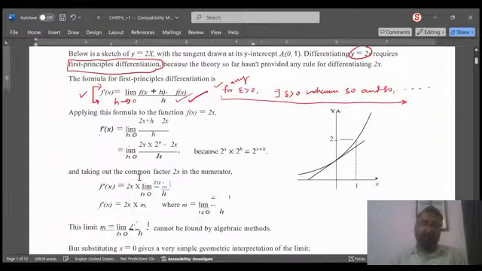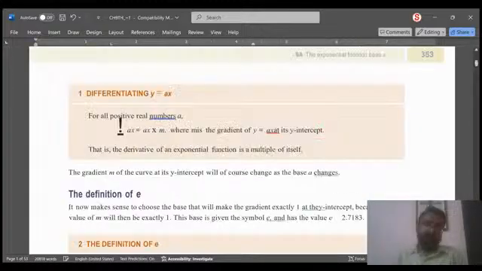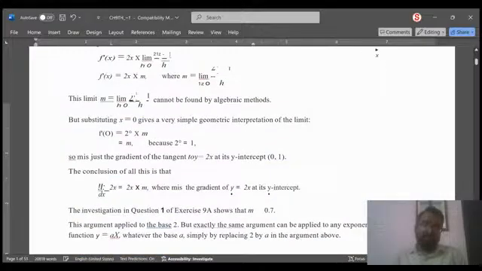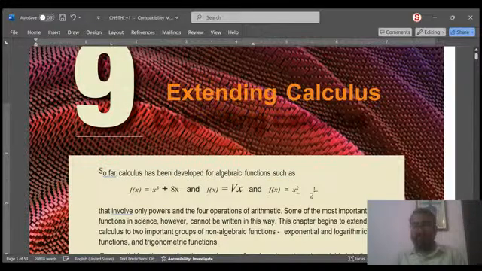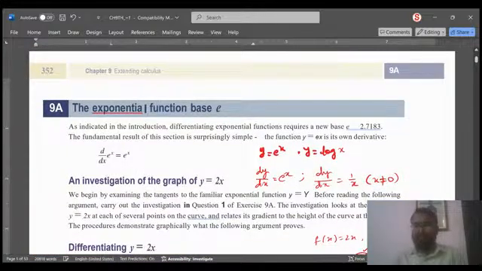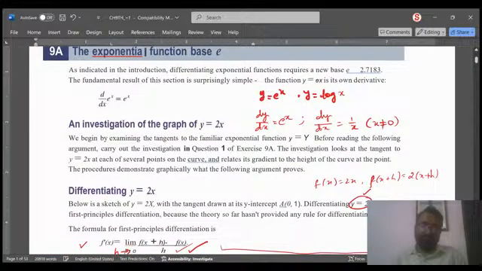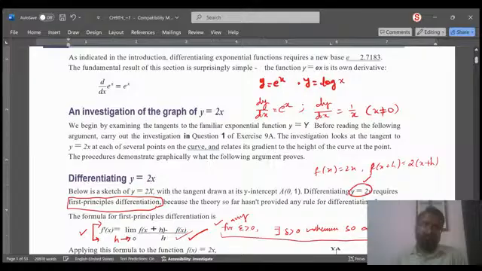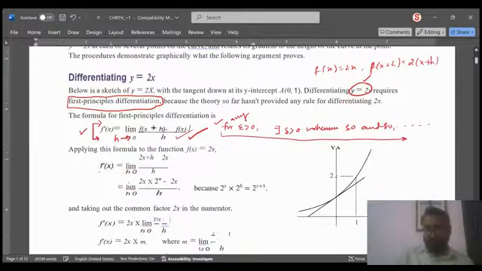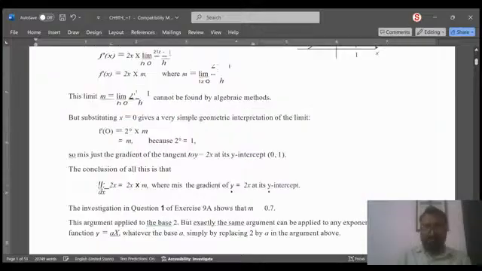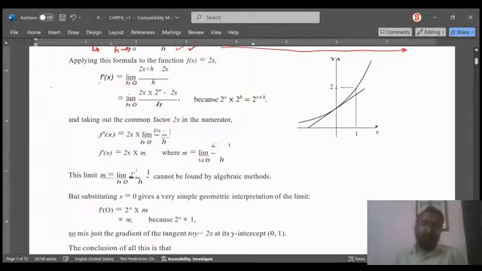But mathematically, what is happening there? This is the derivative.